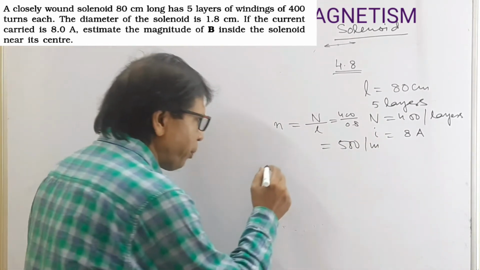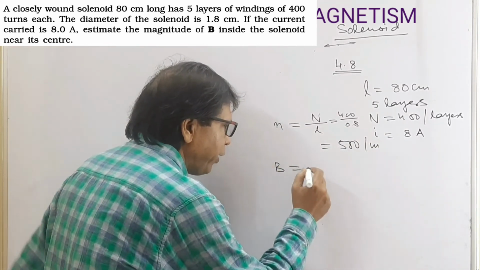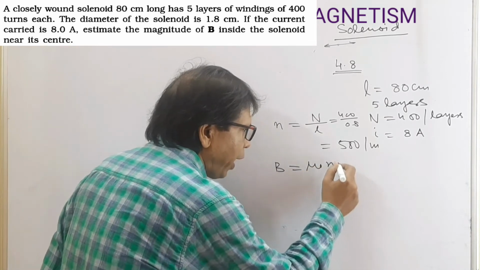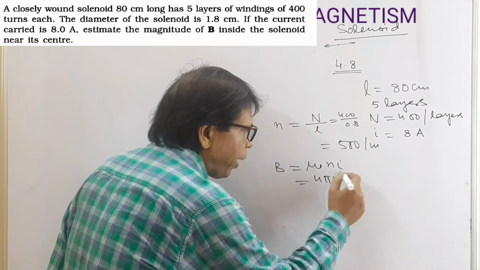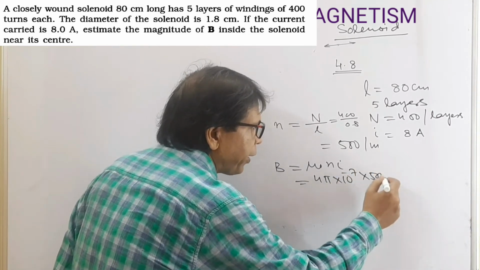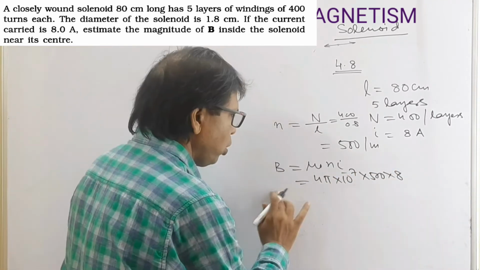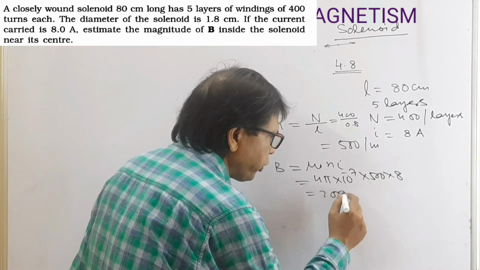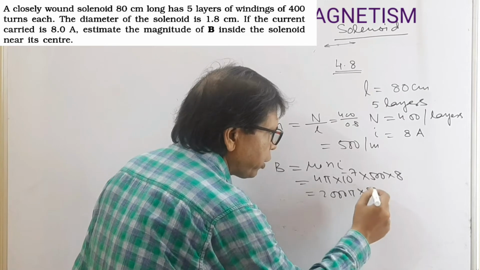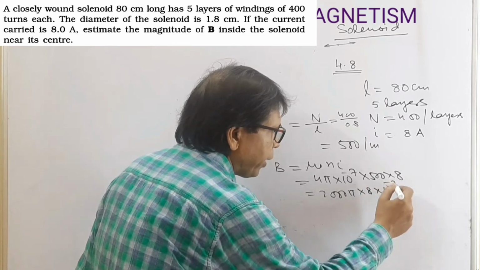Okay. The magnetic field due to each layer is mu naught n I. So look at this. This is 4 pi into 10 to the power minus 7, into 500, into 8. So this is 2000 pi into 8 into 10 to the power minus 7.